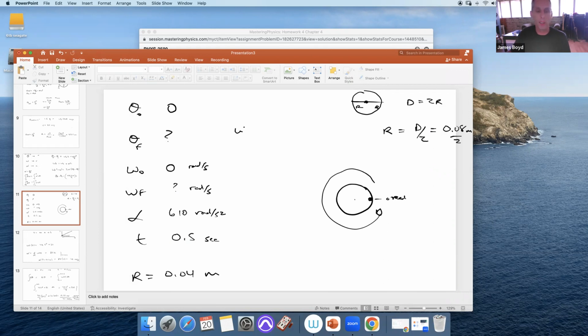So if we look at this, we have omega final is omega initial plus alpha t. Omega initial was 0. So omega final will be 610 alpha times 0.5 seconds, or half of 610 is 305 rad per second.